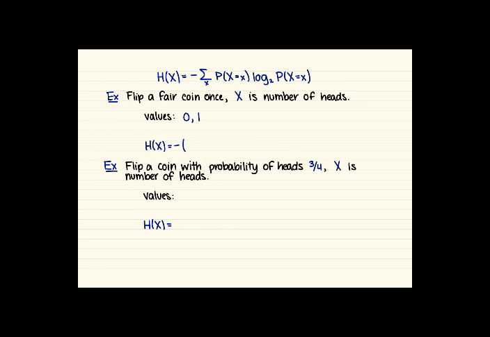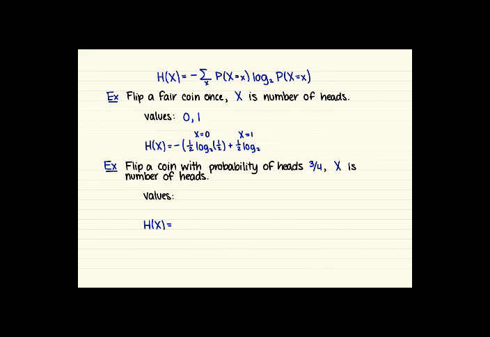So when we're looking at x equals 0, the probability that we have 0 heads, that happens if we flip tails, so that is probability 1/2. So we've got 1/2 log base 2 of 1/2. And then plus, now we look at where big X equals 1, and that is when we've got 1 heads, so that has probability 1/2.